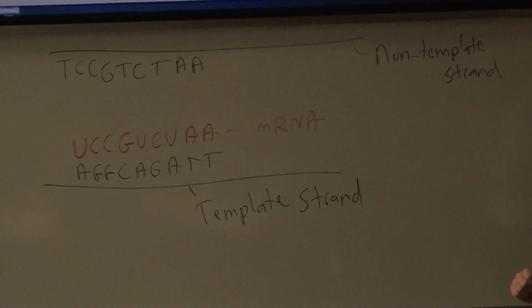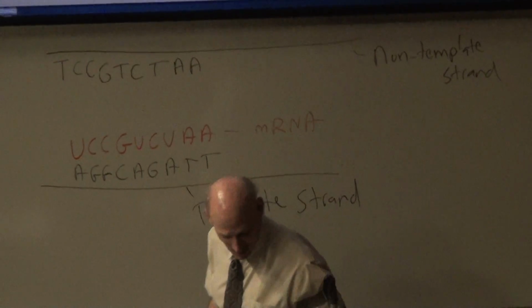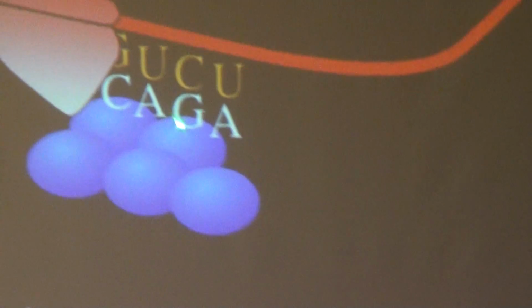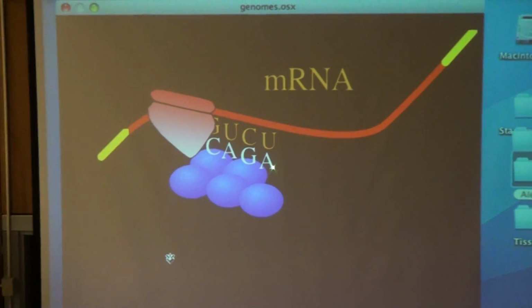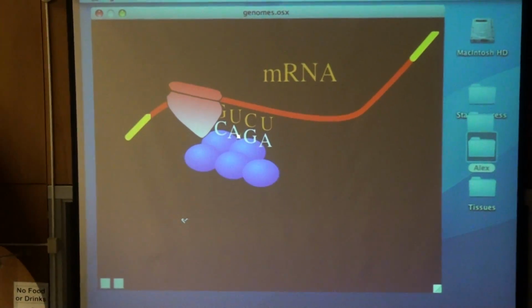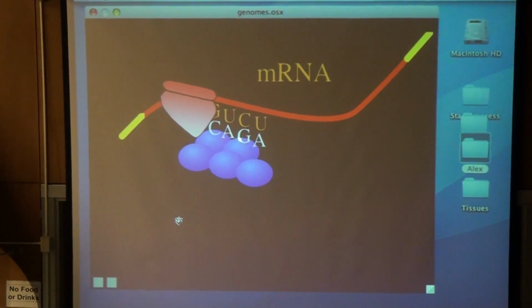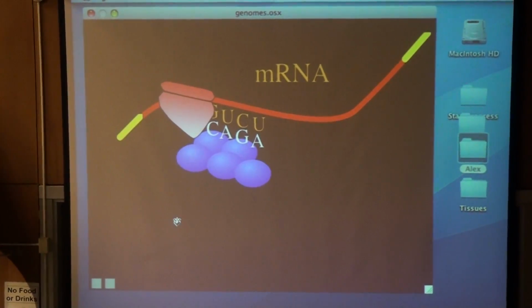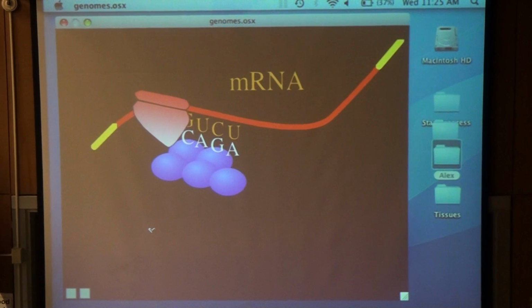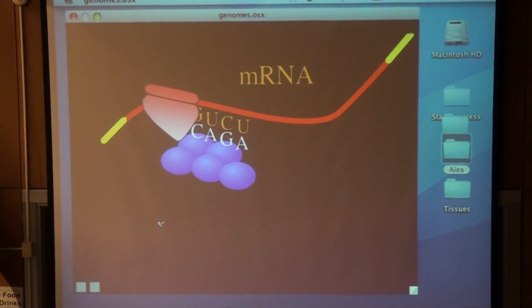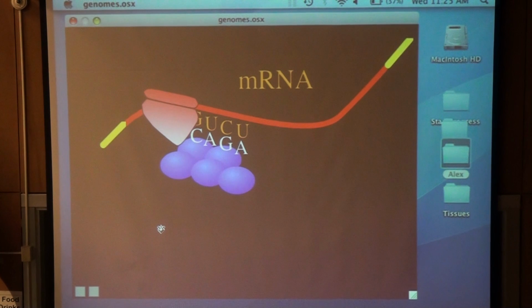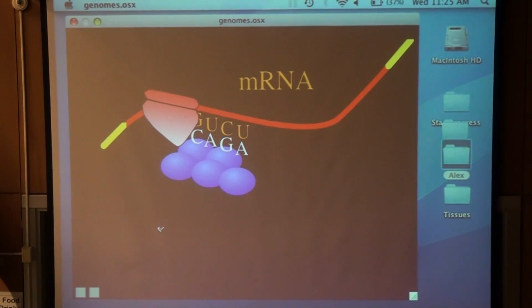Now, when they first learned about these interfering RNAs, these miRNAs, they knew that they were complementary to the messenger RNA. And so if we wanted to make a complementary RNA, which strand should be transcribed? Template or non-template? Not template. In other words, if we wanted to make something that was CAGA, which strand do we transcribe?